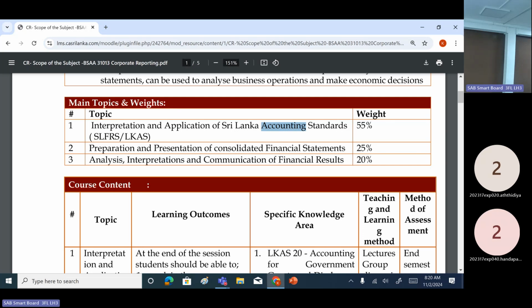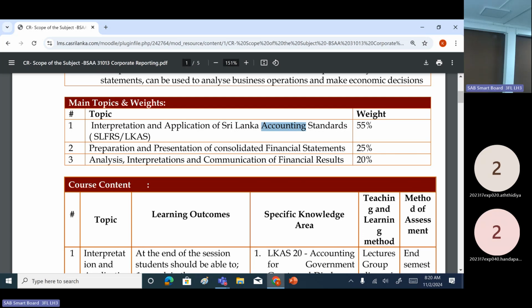This is the third area. Once you have financial results, whether individual or consolidated, we need to convert that to information to take decisions, right? That's called analysis, interpretation, and communication of financial results. That is the third part.